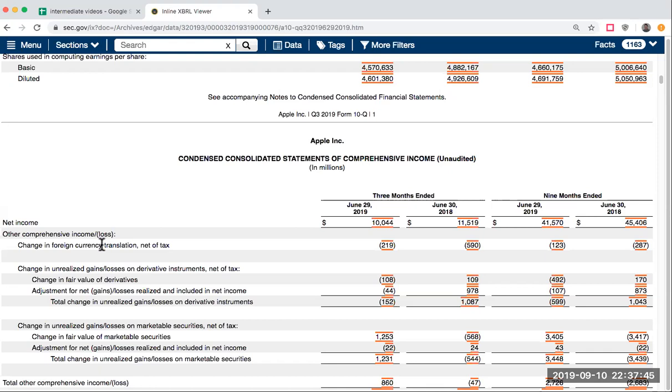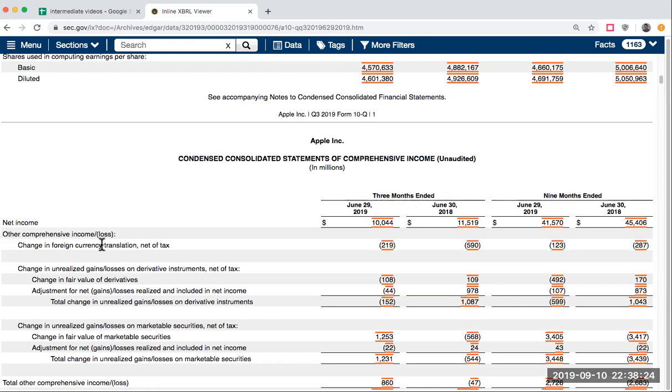What happens is that every single quarter, if I have operations in China and I'm selling things in China and they're paying me in renminbi, or the RMB, when I show sales, the US dollar and the renminbi have different translation rates every single time. When I'm translating from a foreign currency to the US currency, it's never going to be the same every single quarter or every single day or every single year.